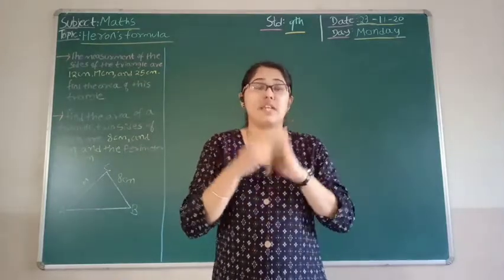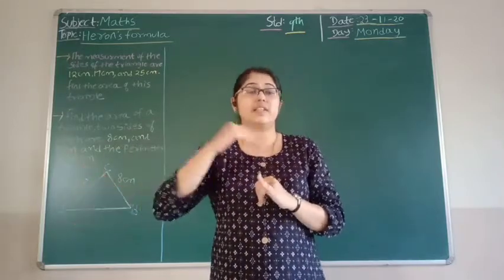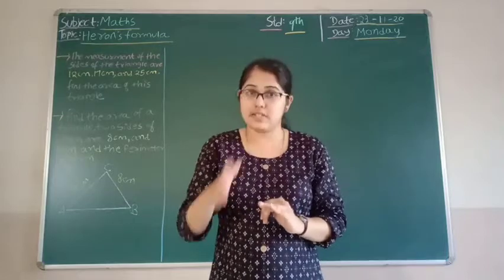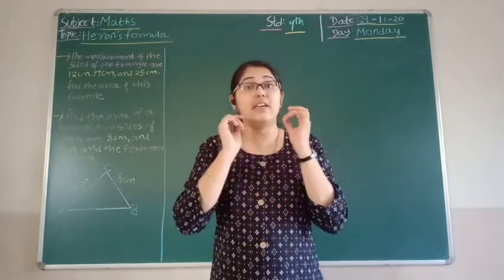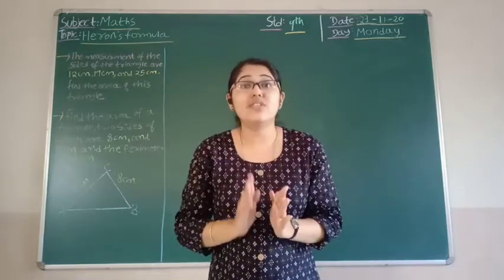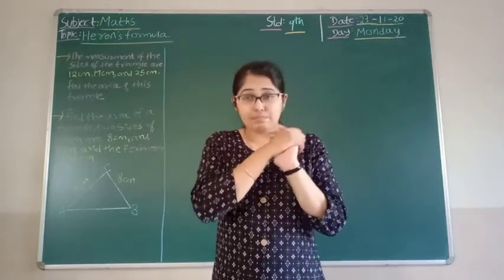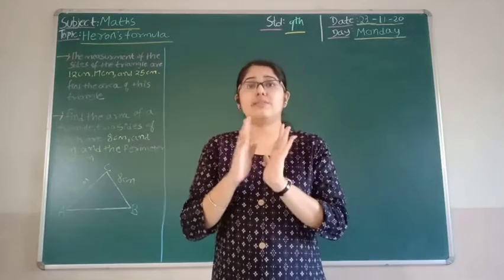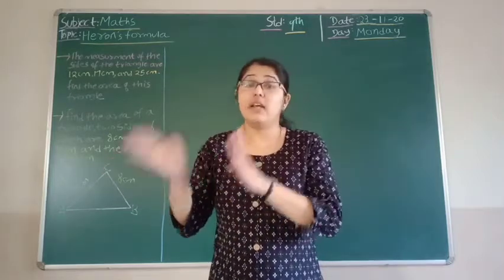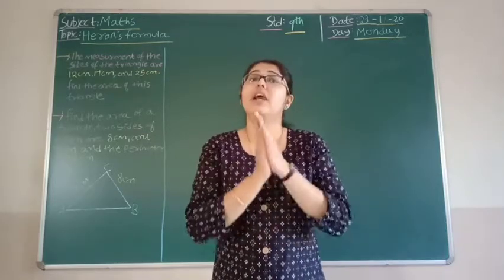We have seen the formula for semi-perimeter, which is half of the perimeter of the triangle. The semi-perimeter is (a plus b plus c) whole divided by 2, where a, b and c are the sides of the triangle. And the formula for the area of the triangle by Heron's formula is the square root of s into (s minus a) multiplied by (s minus b) multiplied by (s minus c).